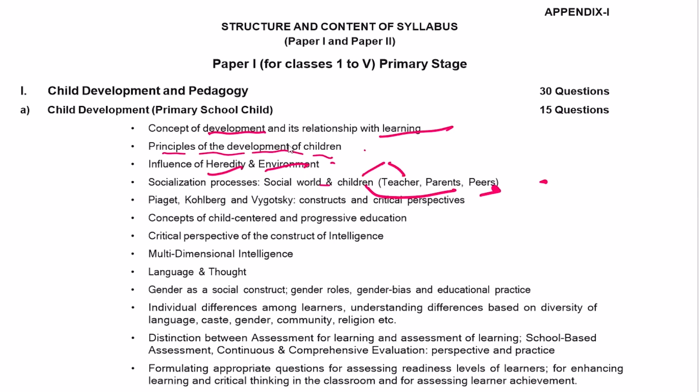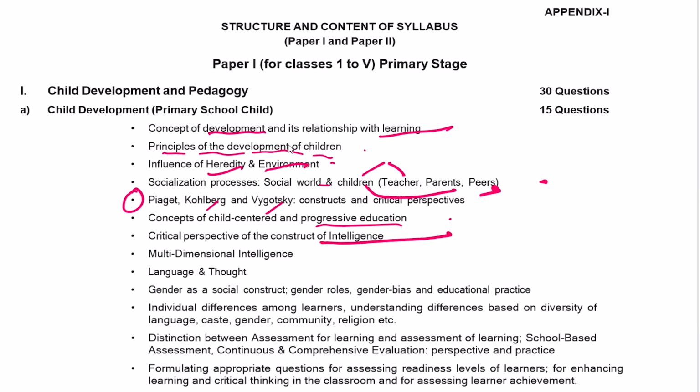Another important area is the theories related to development. We have Piaget, Kohlberg, and Vygotsky's different theories related to development, the concept of child-centered and progressive education, and the construct of intelligence.